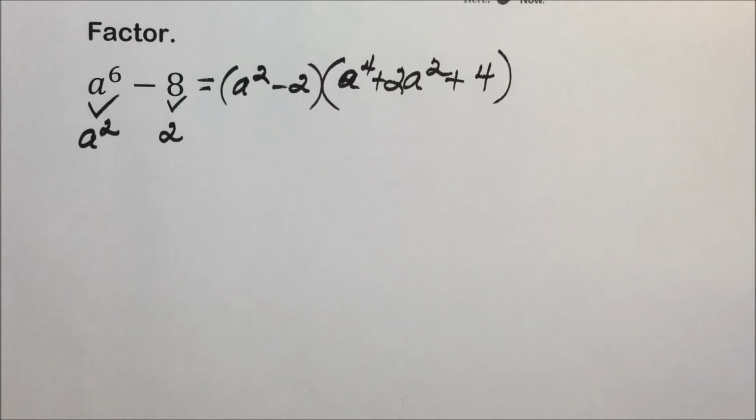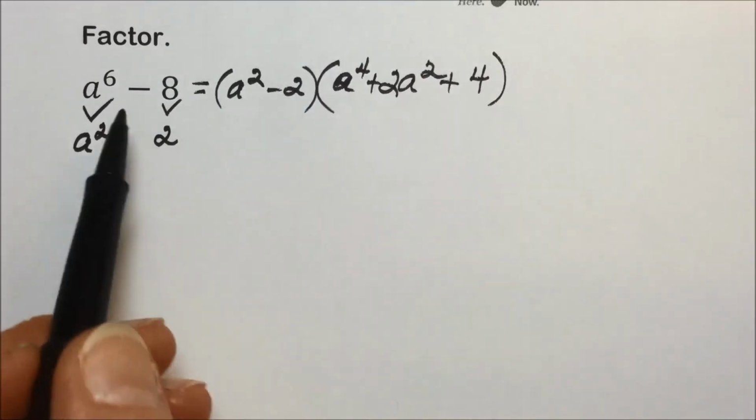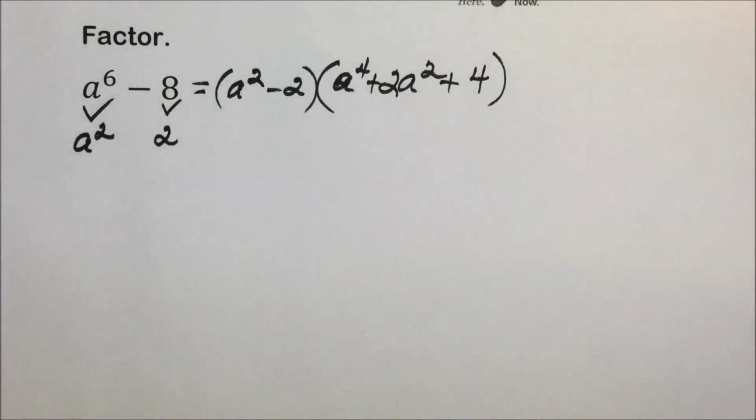Multiplying these together, we look to see if we can factor further. Multiplying to check, yes, it does generate back what we have.